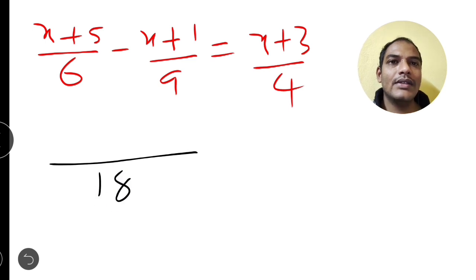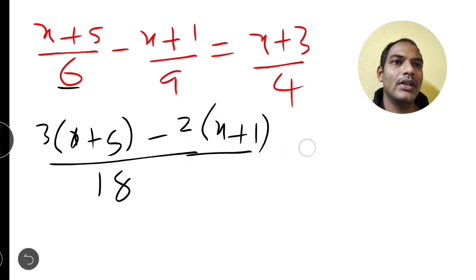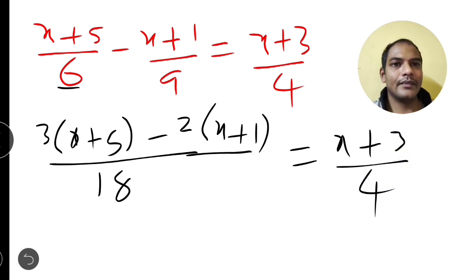Now 18 in the 6 table, 3s are 18, so 3 into numerator x plus 5, minus 18 in the 9 table, 2s are 18, so 2 into numerator x plus 1. It equals x plus 3 divided by 4.